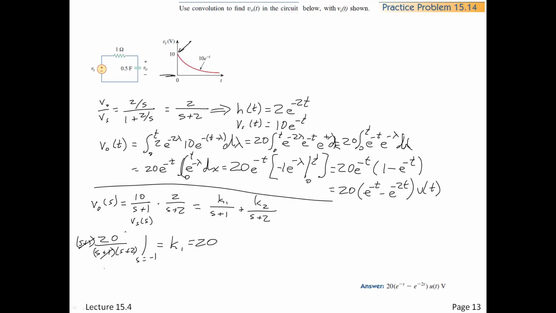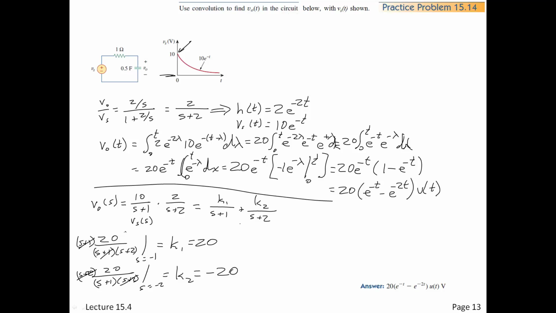I can do the same thing again, multiply by s plus 2, and evaluate at s equals minus 2. Those cancel. That will be k2, and minus 2 plus 1 is minus 1, so this will be minus 20.